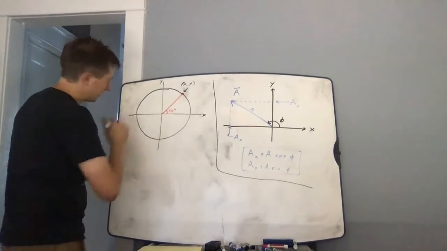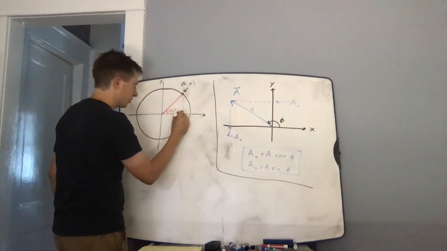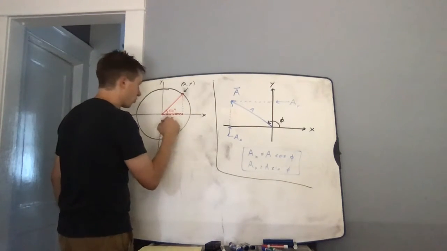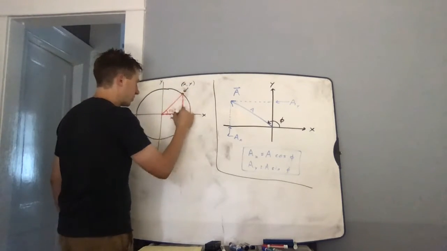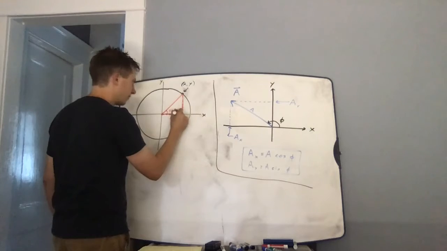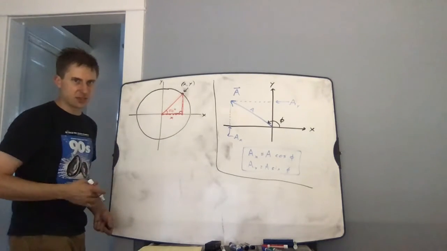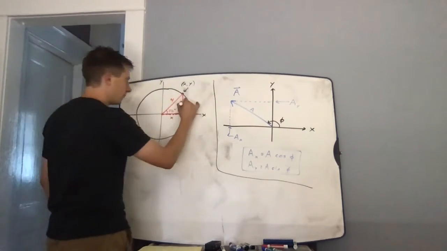So I could look at this and say, well, we'll break it down into a right triangle. This will be the x coordinate of this point, and this vertical part will be the y coordinate of this point. And we did say beforehand that the radius of this circle is 4. That would be the hypotenuse of this triangle.